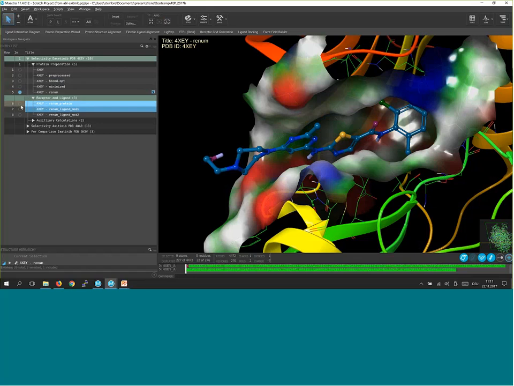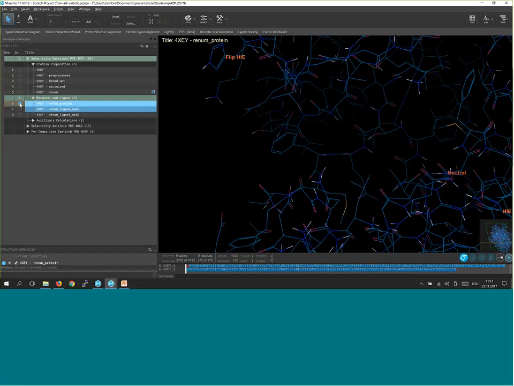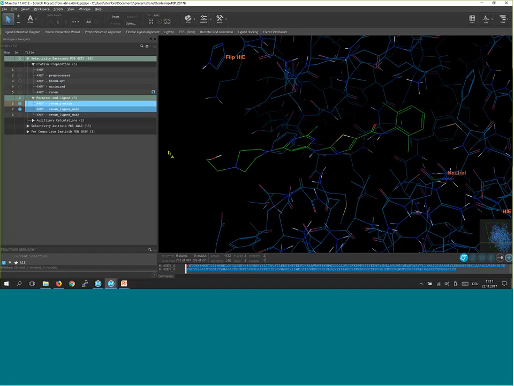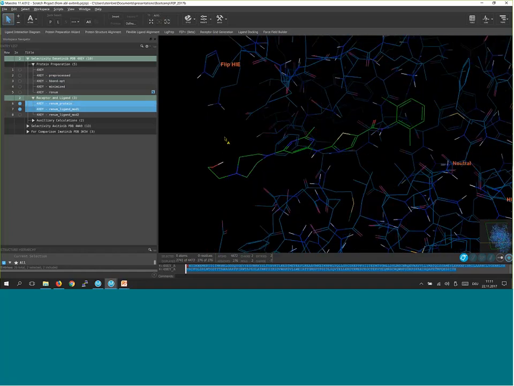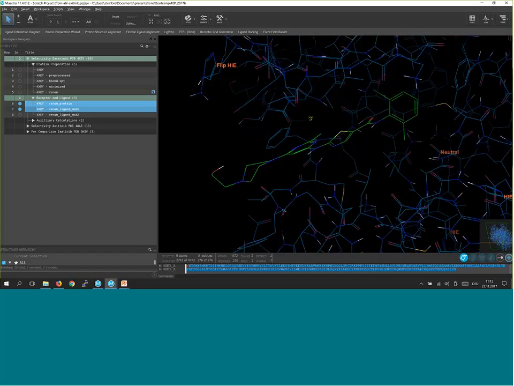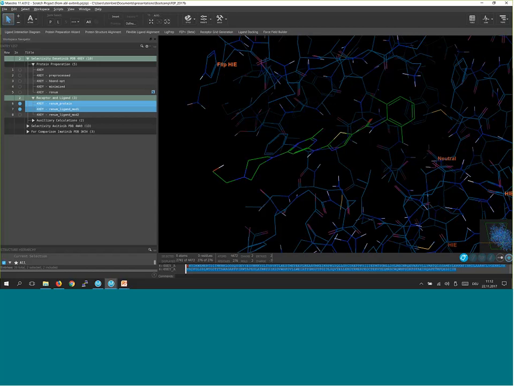So we arrive at the final prepared model system of the Abl kinase receptor and the dasatinib ligand bound to it in a reasonable binding pose, this time from X-ray, but could also come from docking or other modeling techniques. As usual, free energy calculations require a properly prepared system with a reasonable binding mode of the ligand already determined. And at this point, we could start studying the effect of single point mutations on the binding affinity of that molecule.